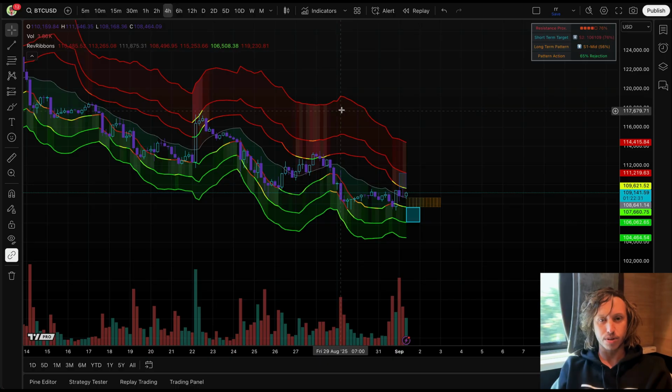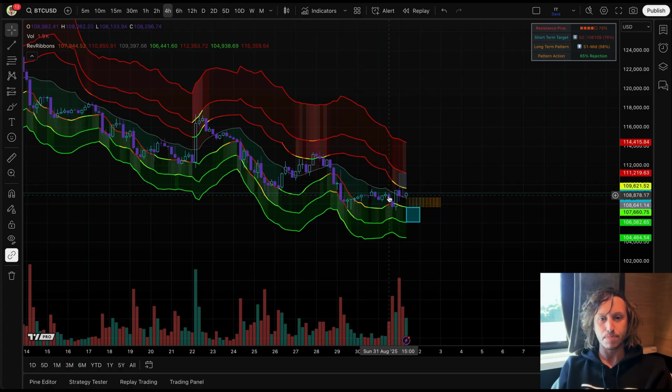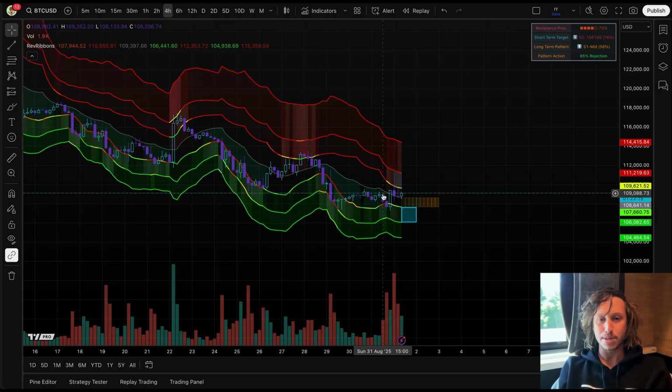Just because the resistance flips up doesn't mean that price action is going to go up. Actually, in this case, it went down. But it's getting a good average where the bands interplay with each other and the midline interplays with each other, so it's getting a good average for where nice bounce points might be.